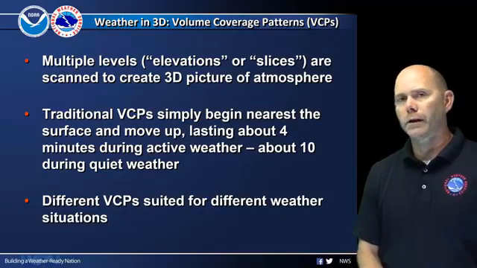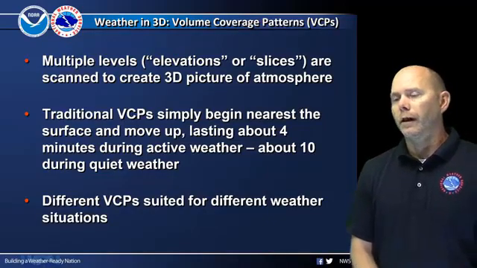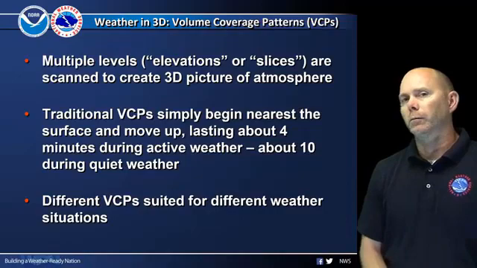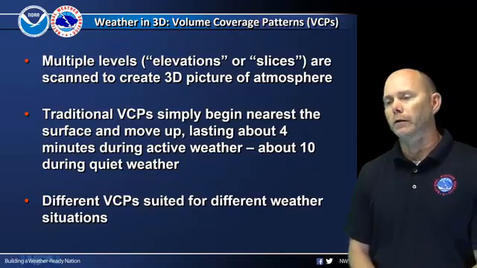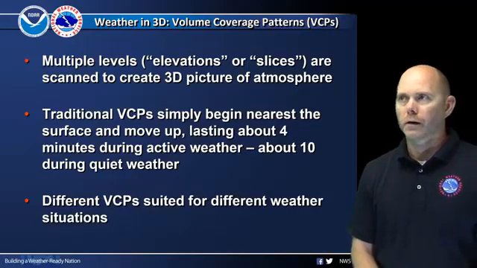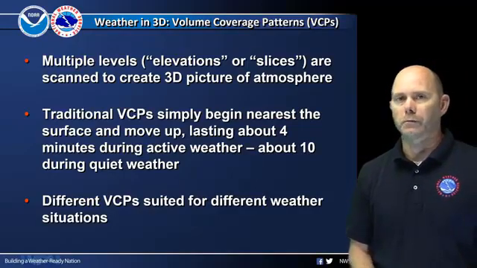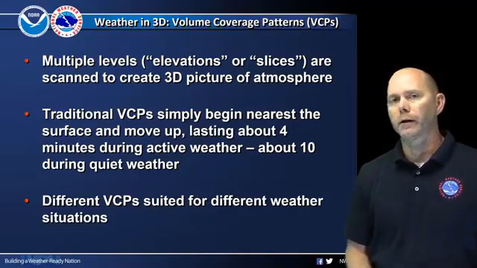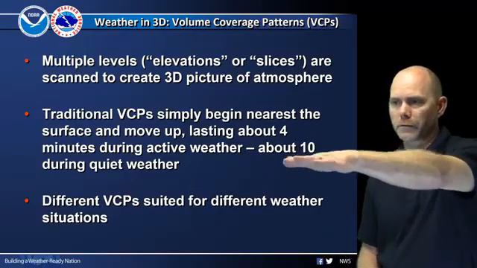The way our weather radar works, everybody is probably used to looking at one level of weather radar. When you watch the weatherman on TV, he usually shows what is called a base elevation, which is the lowest slice of the radar, just above the horizon.